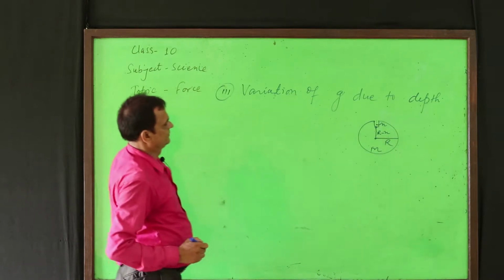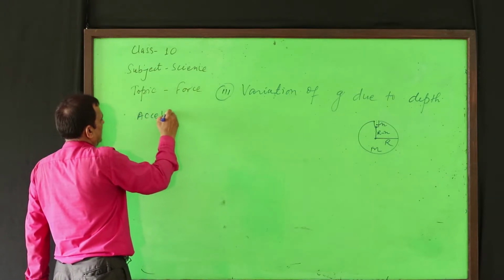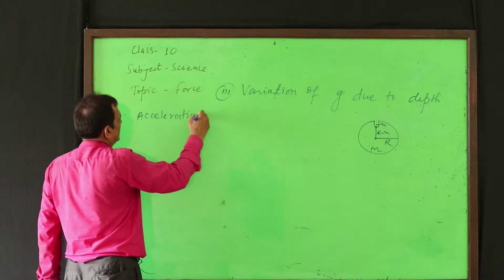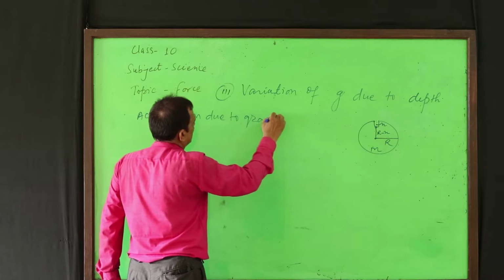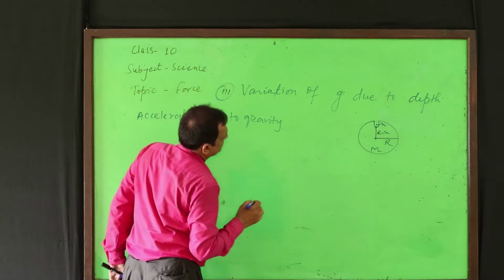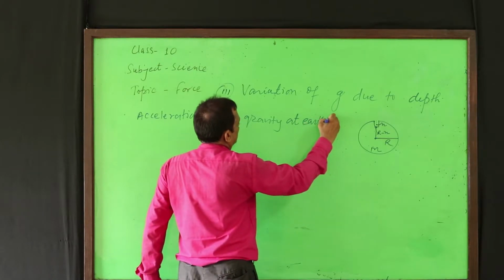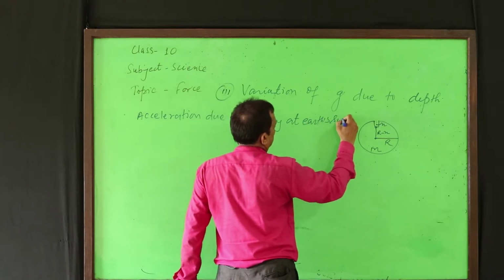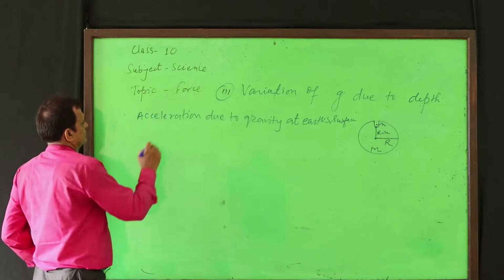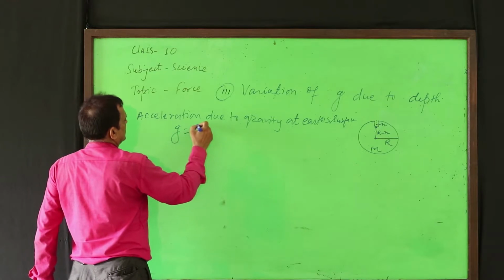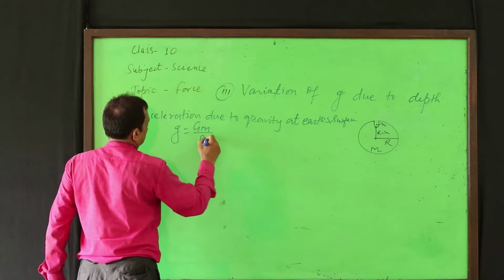See here please. We know that acceleration due to gravity at the earth's surface, g equal to GM by R square.